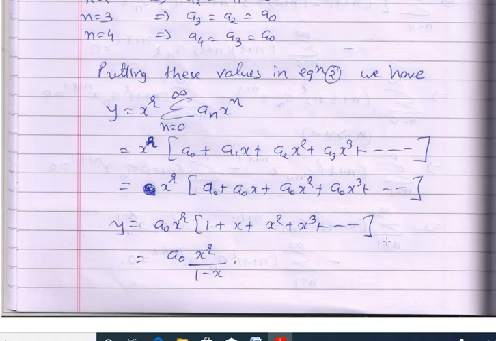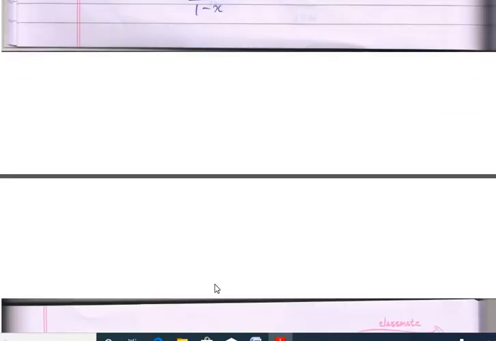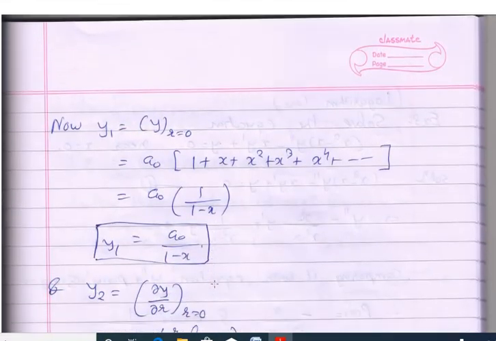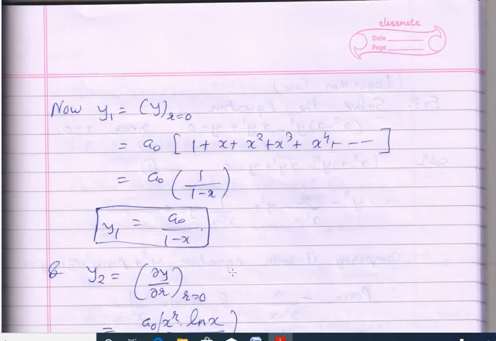Now this is nothing but it is the series of 1 upon 1 minus x. Okay, so y will be reducing in the form of a0x raised to r into 1 upon 1 minus x. Now what we are going to do is, we are going to substitute value. So y1 will be obtained by putting r is equal to 0.